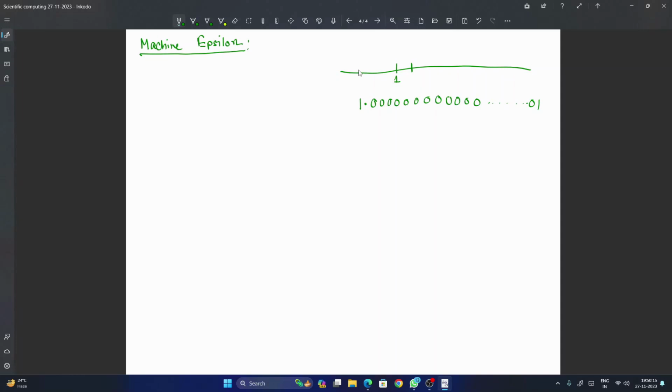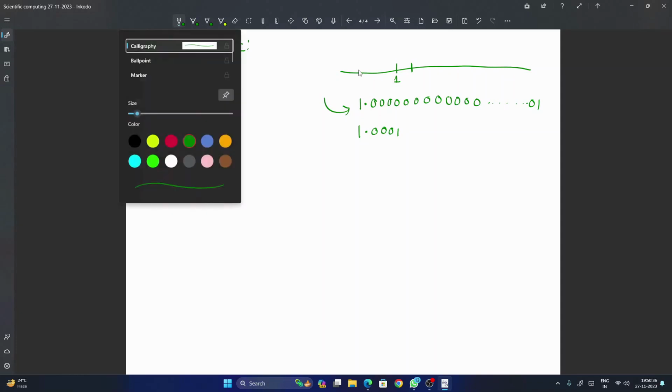But if your machine has less precision, it will save 1, and after that 1 point, suppose 0 0 0 1. Now you can see which machine can take more accurate values. Obviously the first machine, because it can store a small change in the values, but the other can't store those values.